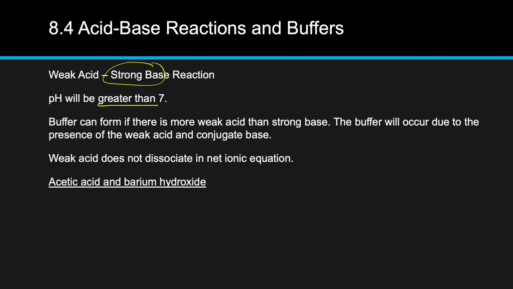So let's go ahead and start out with an example, because I always think that helps. We have acetic acid, which is our weak acid, CH3COOH. Then we have our strong base, which is barium hydroxide, Ba(OH)2. And remember, strong bases are going to completely dissociate.